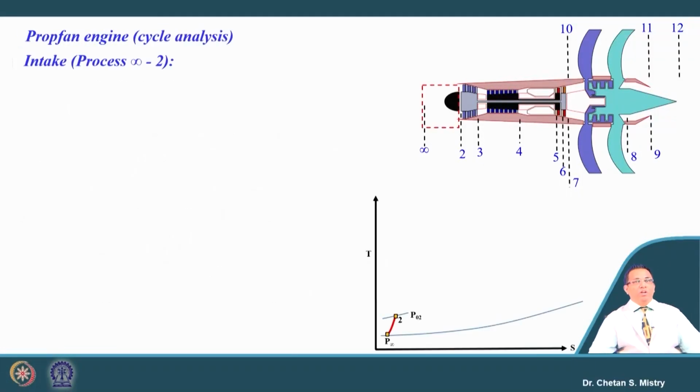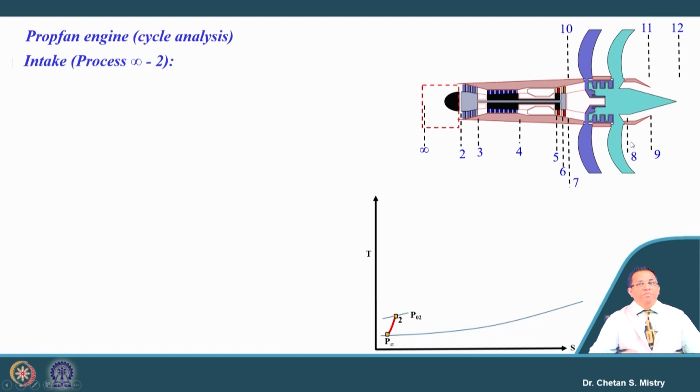Now, let us try to understand the stations. Here infinity is the free stream condition, 2 is at the exit of the intake or the entry of the compressor, 2 to 3 represents the LP compressor, 3 to 4 represents the HP compressor, then we have 4 to 5 as the combustion chamber, 5 to 6 represents the HP turbine, 6 to 7 represents the LP turbine, and 10 to 11 represents our prop fan configuration.